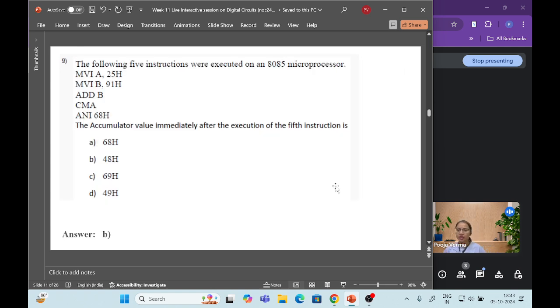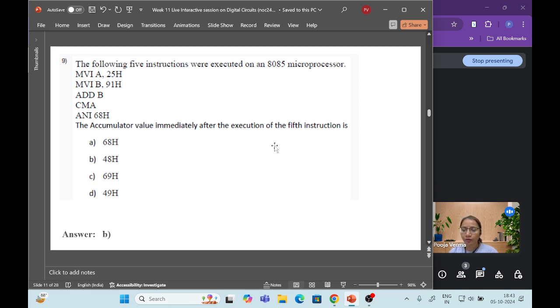The next question is the following. Five instructions were executed on an 8085 microprocessor: MVI A 25H, MVI B 91H, ADD B, then CMA, ANI 68H. What will be the accumulator value immediately after execution of the instructions?